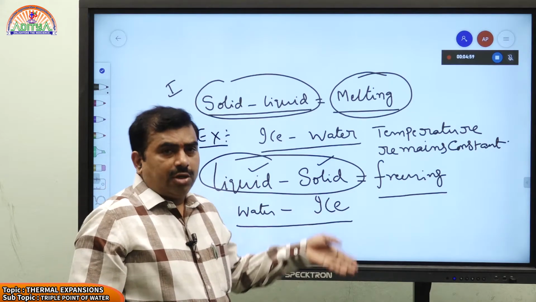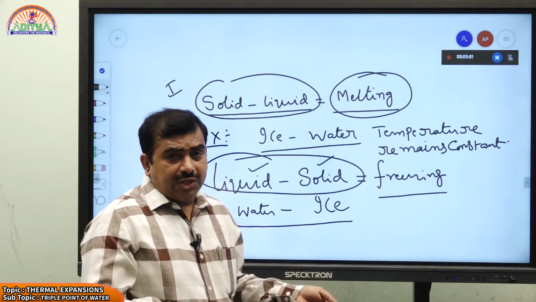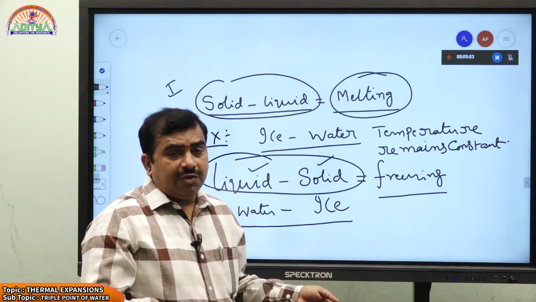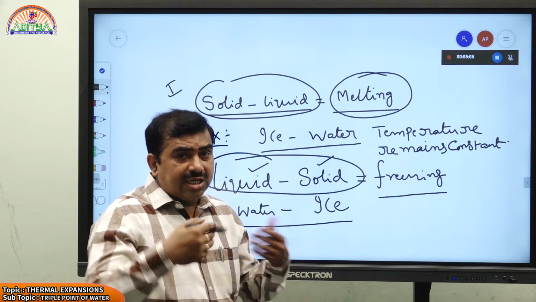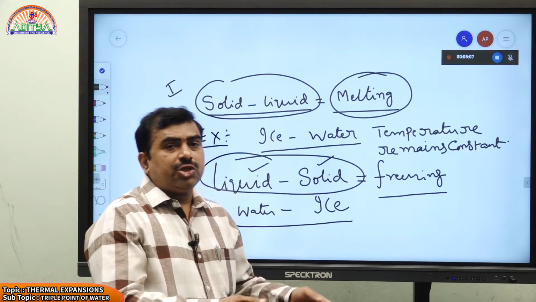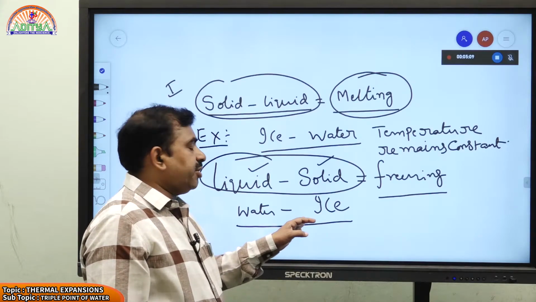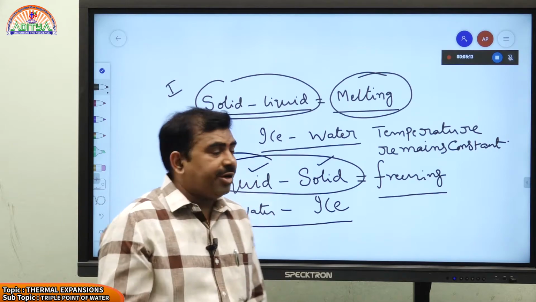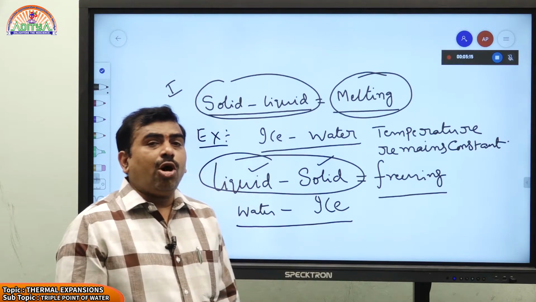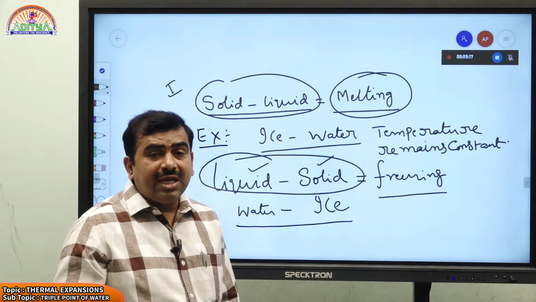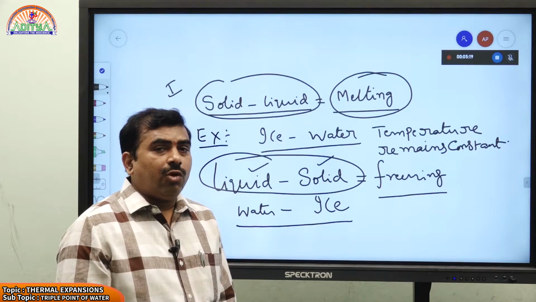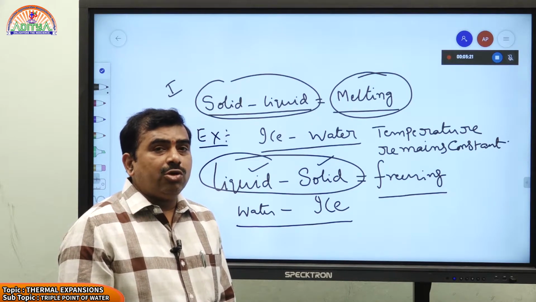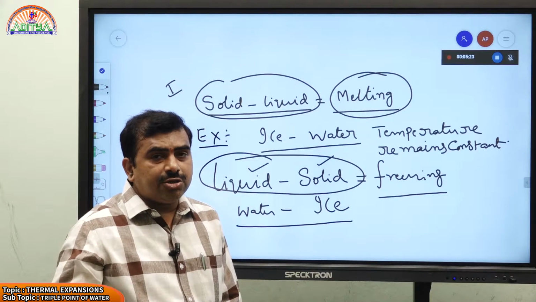We can observe this in our daily life also. In a deep freezer, if you keep a water bottle, after some time, water which is in liquid state inside the bottle will be solidified and converted into ice. But here we have to remember one important point, that is the volume occupied by the water will be less when compared with the volume occupied by the same amount of water when it is converted into ice.